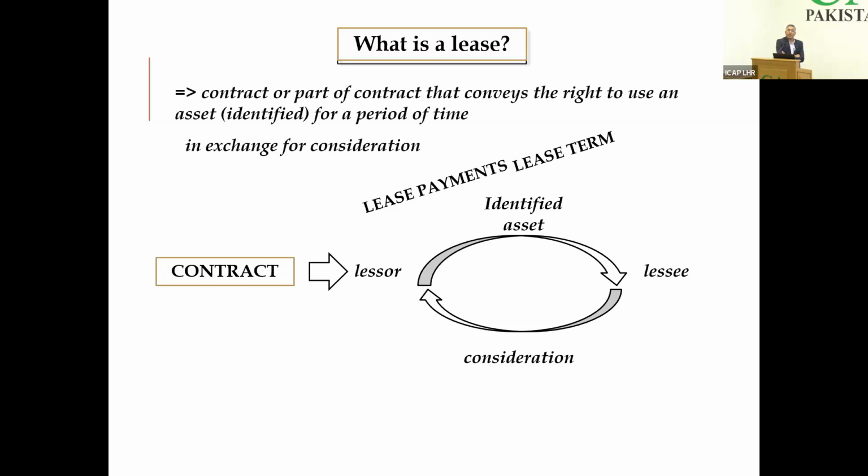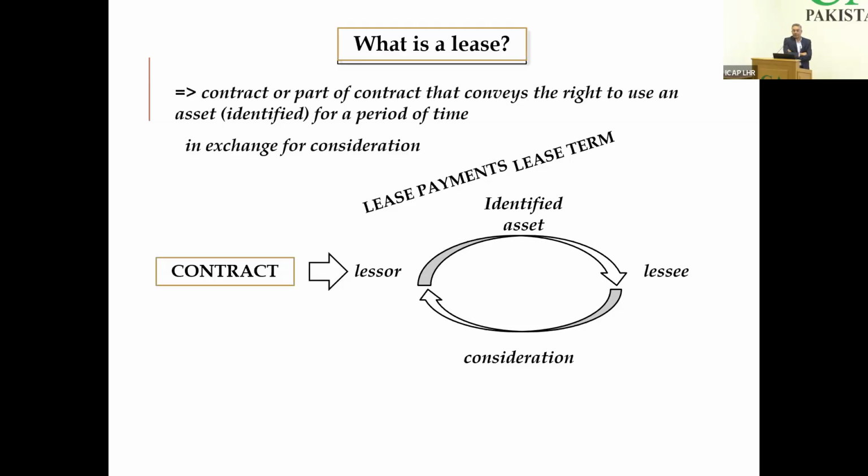And then there is a specific period for which that right is being granted to the lessee, which is normally called the lease term. And then exchange for consideration means there is a consideration to be paid to the lessor for this conveyance of the right.